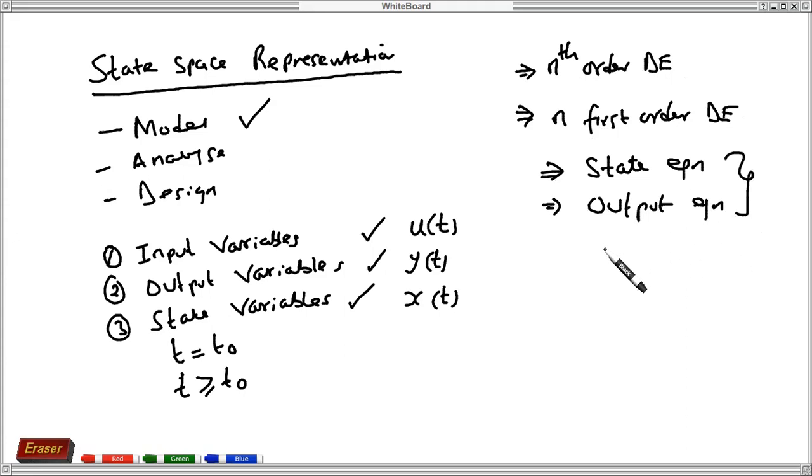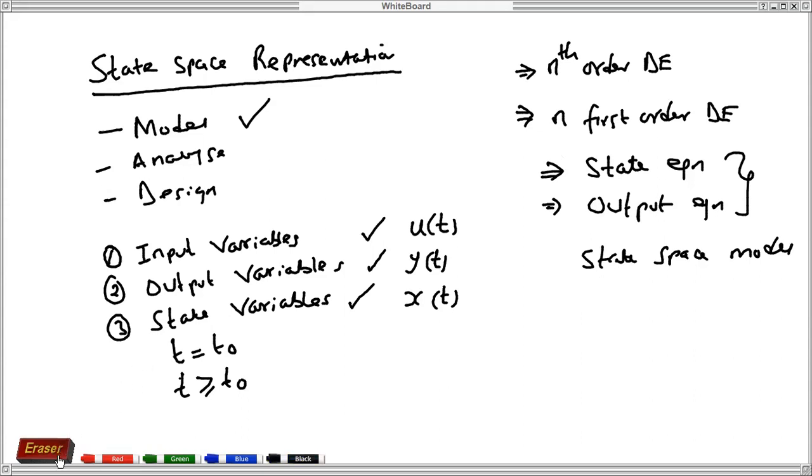These two equations represent what we call the state space model of the system.